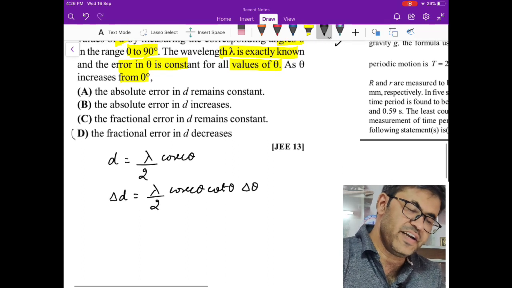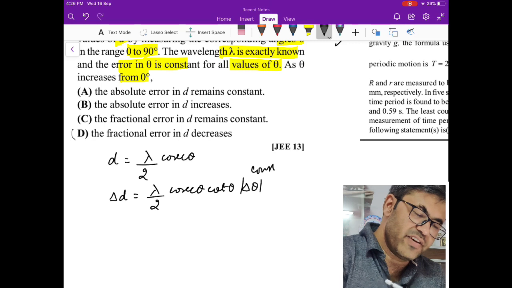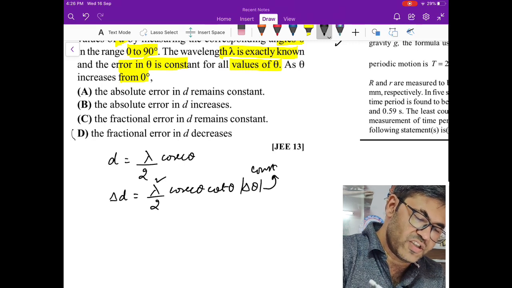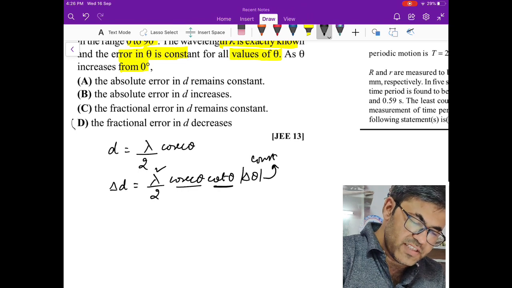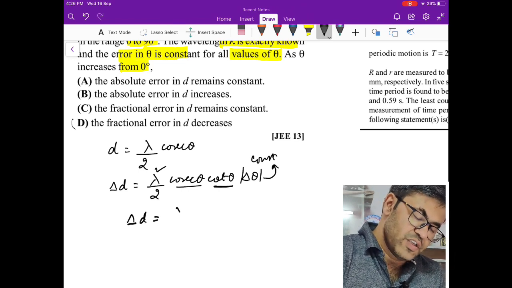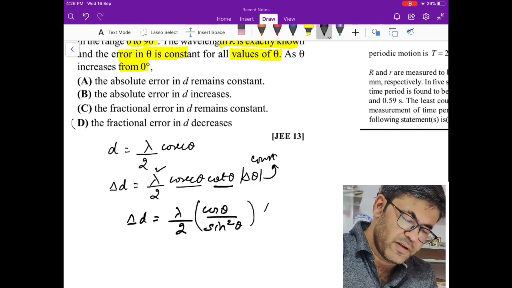So first of all, as theta will increase, this delta theta you are given is constant, this lambda is exactly known, so no issue in it. So what is this cosec theta cot theta? So delta d I can write as lambda by 2, and cot theta as cos upon sine, so this would be cos theta upon sine square theta into delta theta.